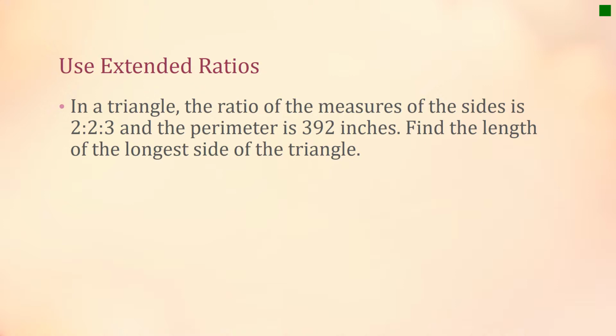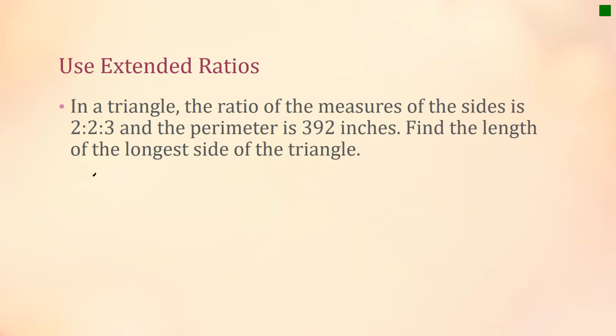Now, we know that in finding the perimeter of a triangle, we're adding the length of the three sides. And so we have a ratio here of 2 to 2 to 3. We can solve this by assigning a variable to each of these extended ratios.